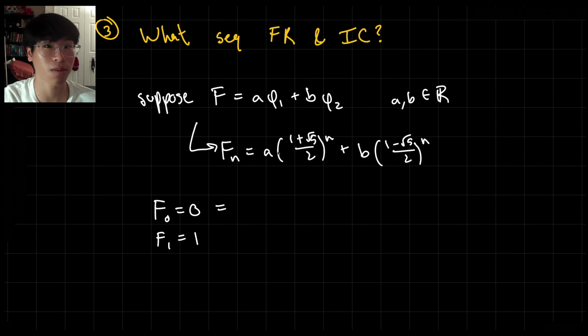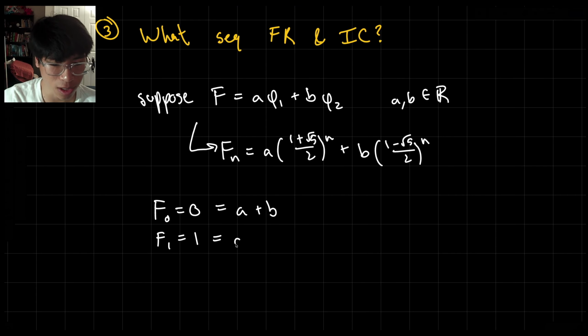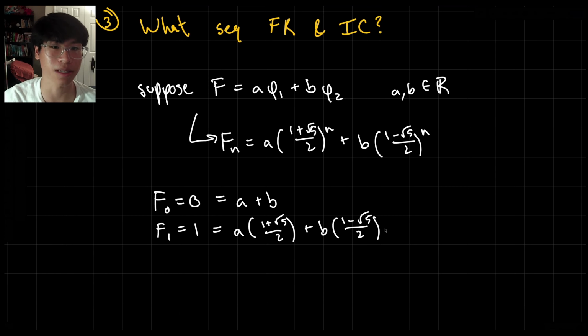What's f0? According to this formula, f0 should be a times 1 plus b. And according to the formula, f1 should be equal to a times the golden ratio plus b times the other term. Now this is simply a matter of solving a system of equations, a very simple one at that.